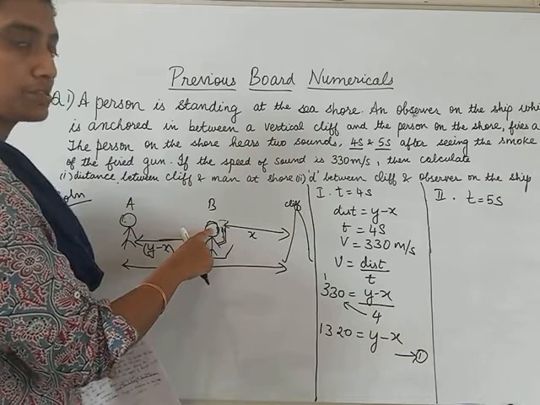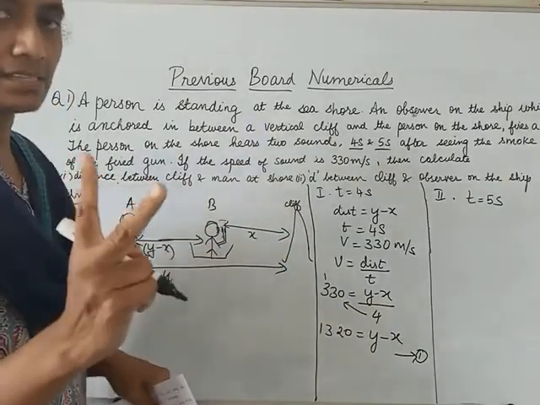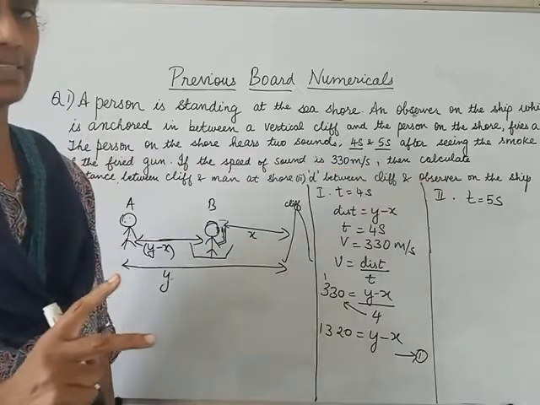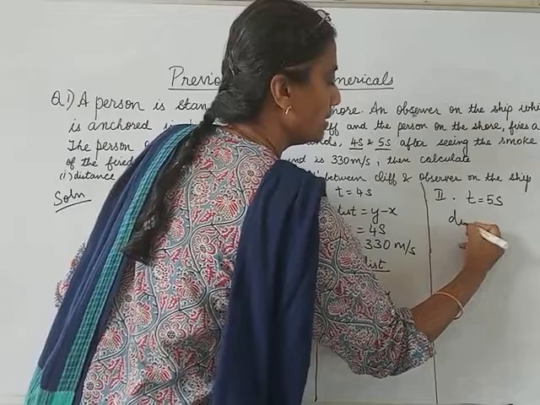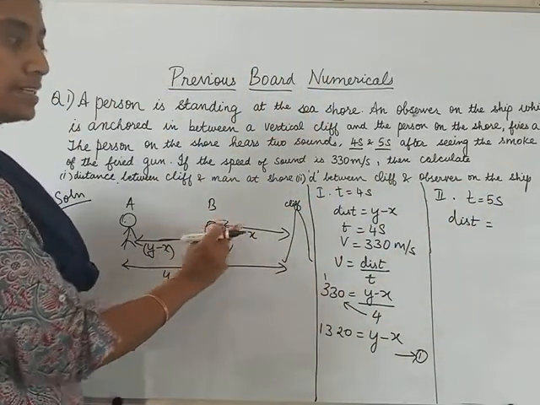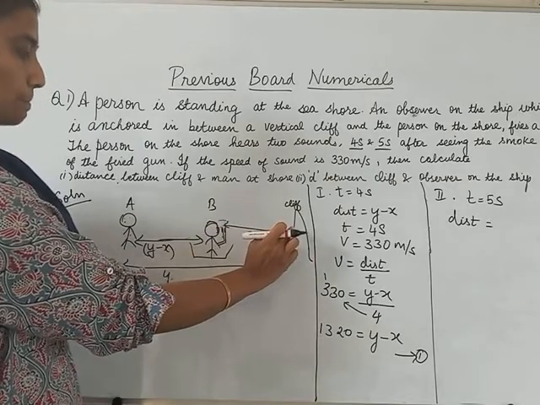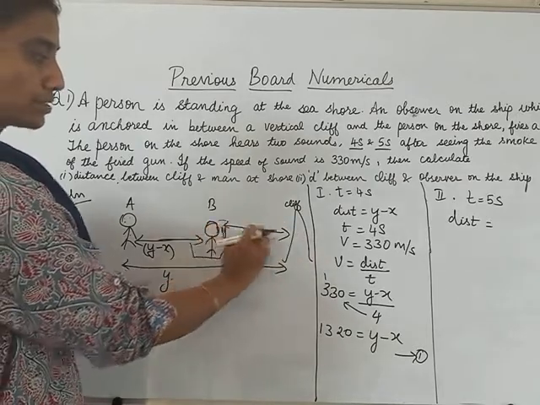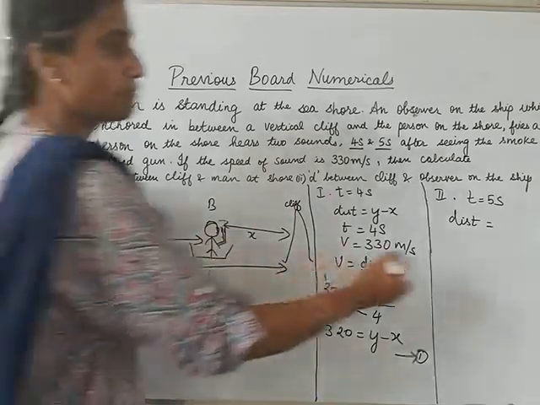The sound produced by him hits the cliff and comes back to him, and that is the second sound he heard after 5 seconds. So in this case, what will be the distance traveled? The sound has to travel a distance of x, hit the cliff, and come back here. So x plus y.